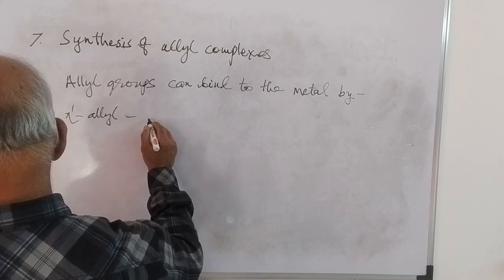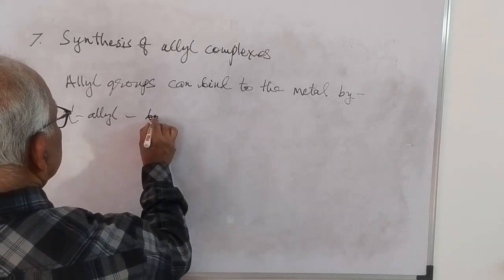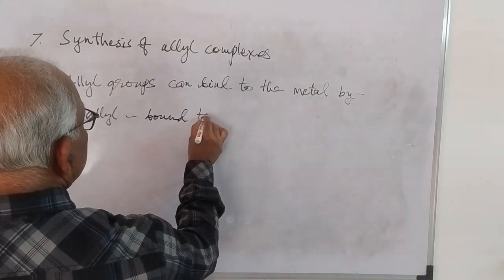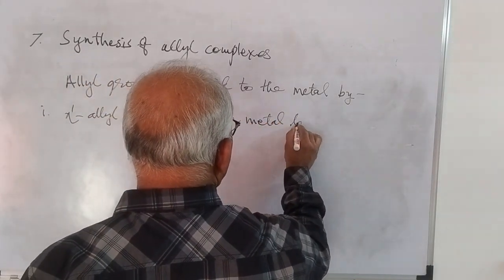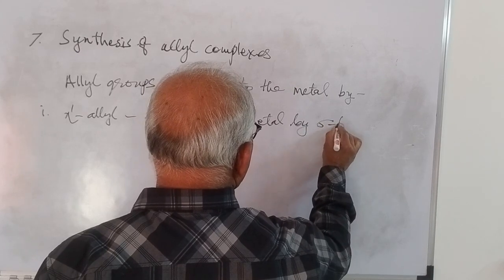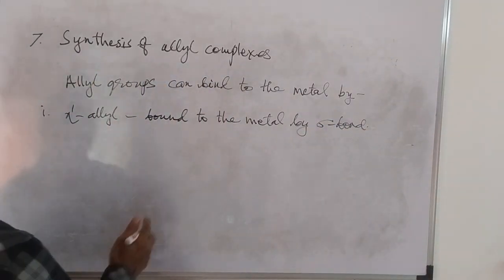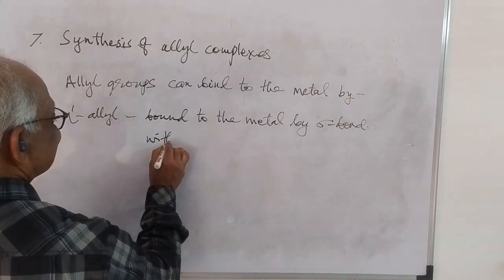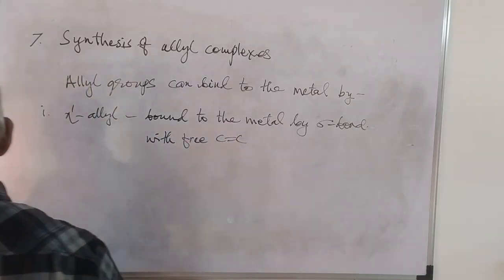So this allyl is bound to the metal by a sigma bond, with a free carbon-carbon double bond.